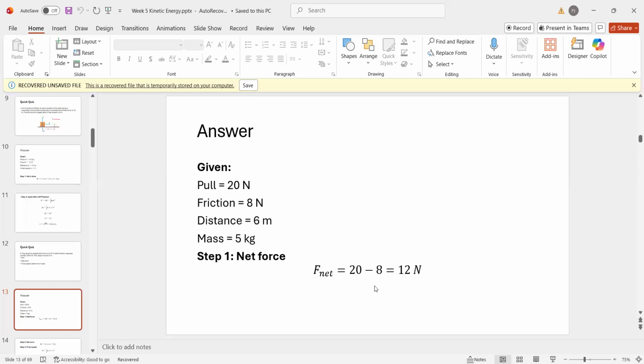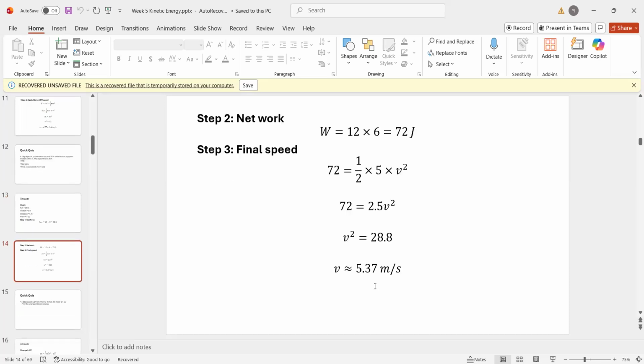So you need to subtract the frictional force from the pull force. That will give you your net force. So that will give you the 12 Newton. So the work done is the force, which is the 12, and the distance traveled is 6. So the net work done will be 72 joules.